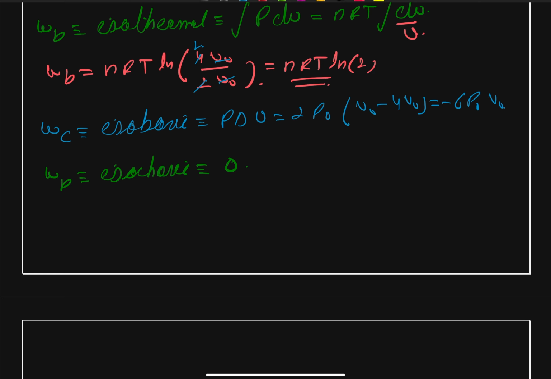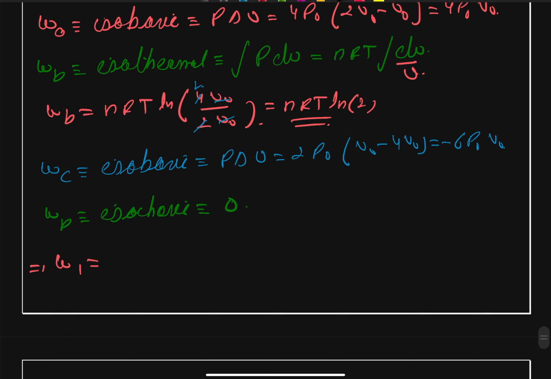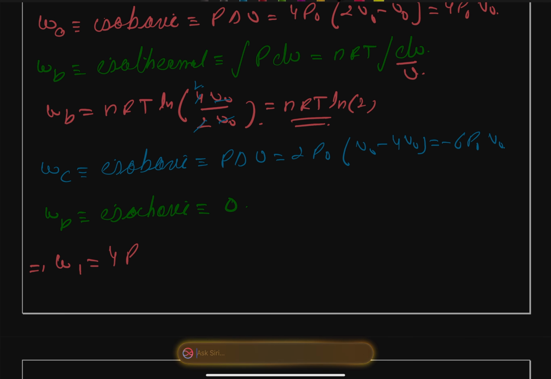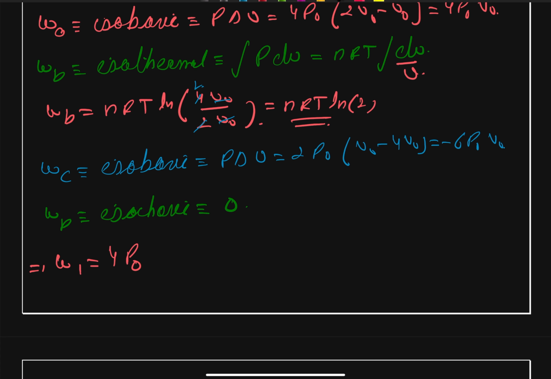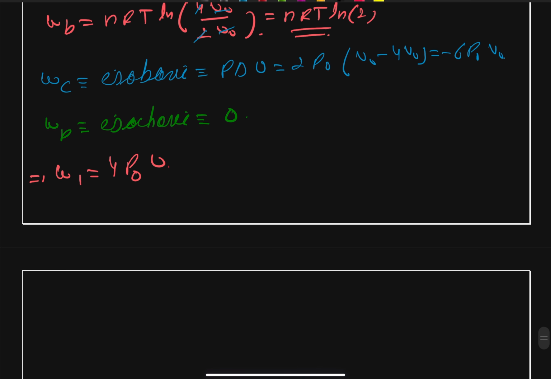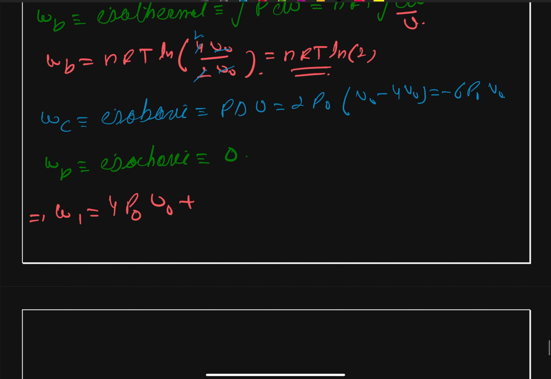We get W1 will be equal to 4 P naught V naught plus WB. We can write this T in terms of P naught V naught, so let us keep it like that, because everything is P naught V naught.